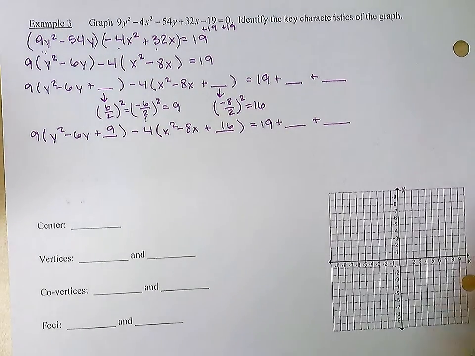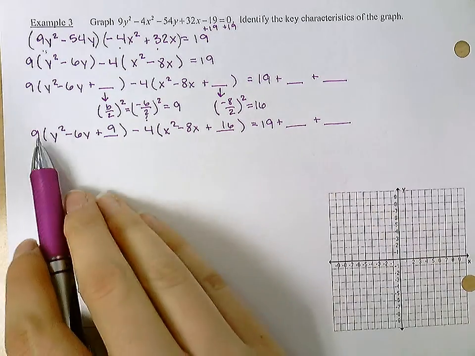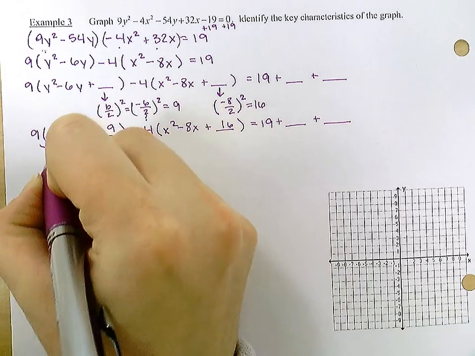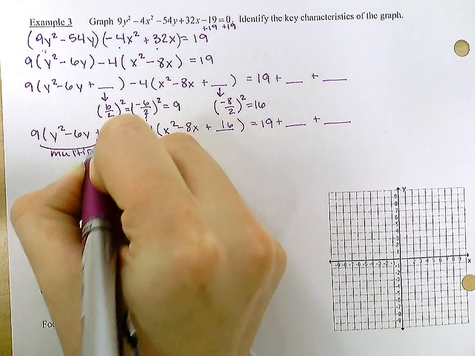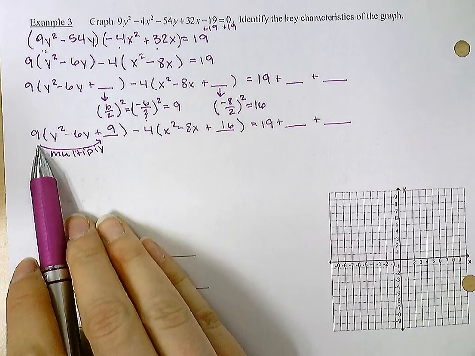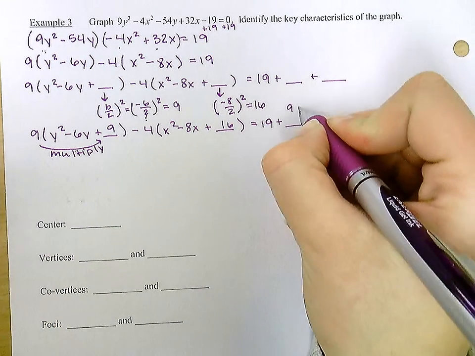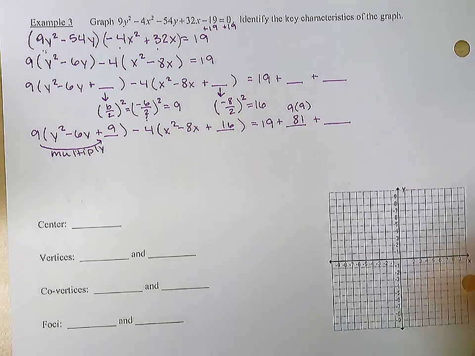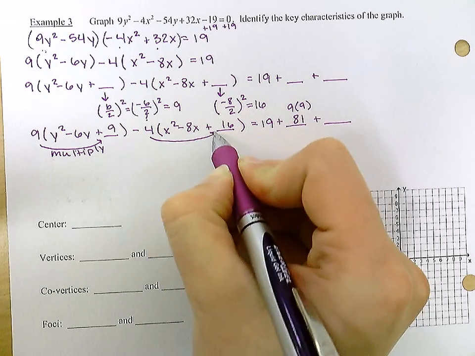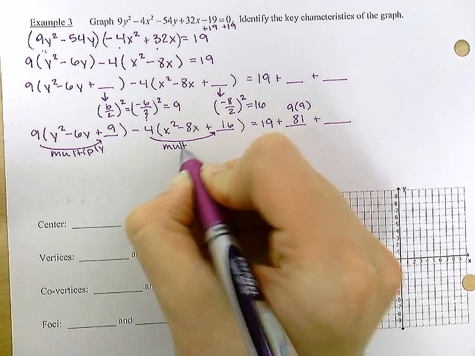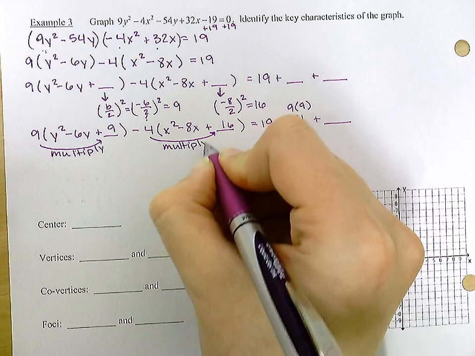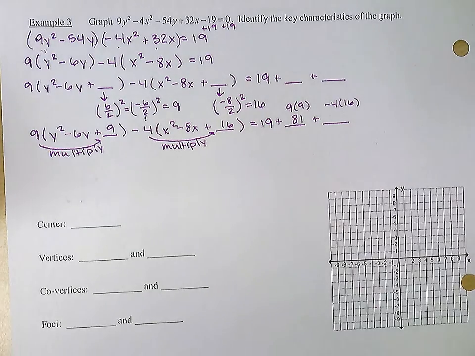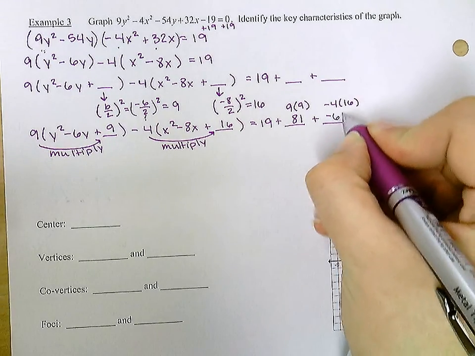Okay, now to get the quantities on the right hand side, you have to make sure you multiply. Okay, so multiply here. So I have 9 times 9 to get that first one of 81. Okay, and multiply these two values here. So I have negative 4 times 16, so that's negative 64.